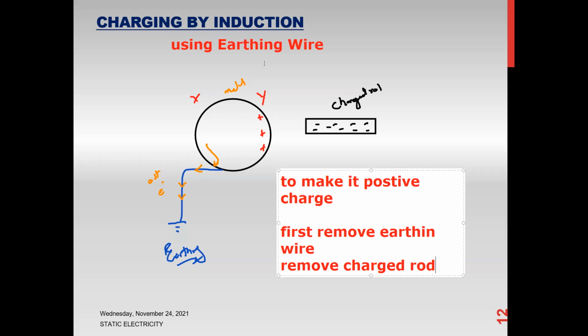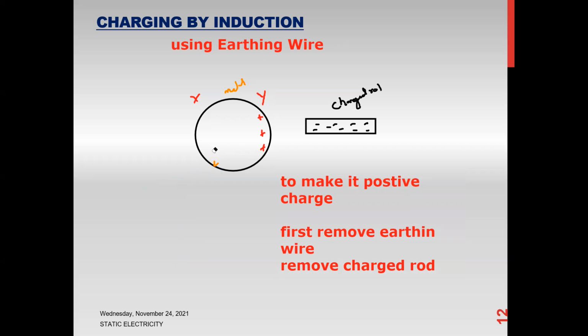So first the earthing wire and then the charge rod. Once the earthing wire is removed, electrons cannot return back, so this material will have a net positive charge. This is called charging by induction using the earthing wire.